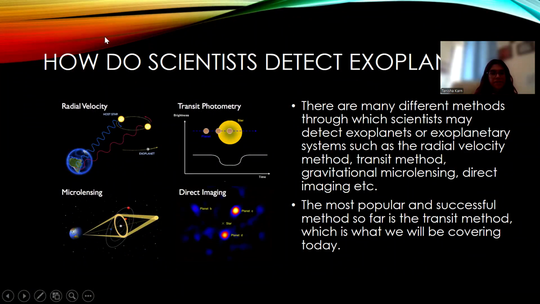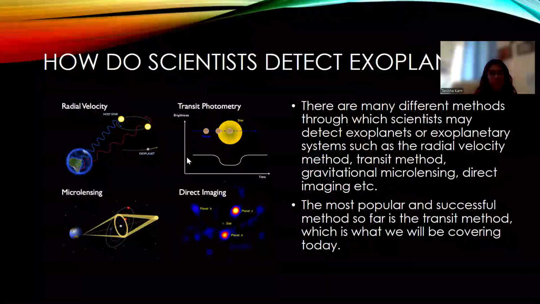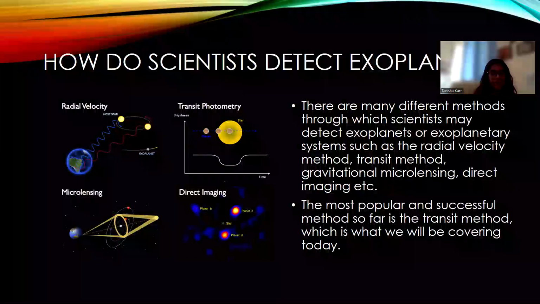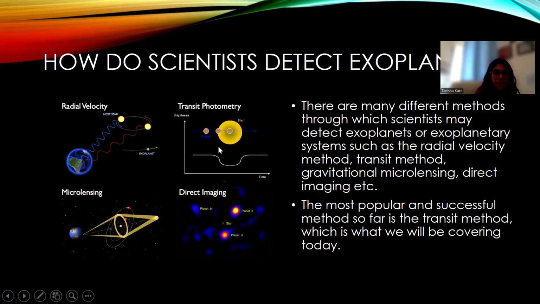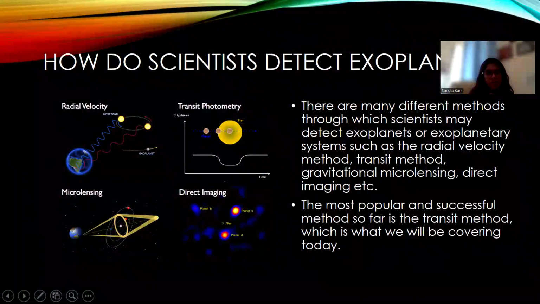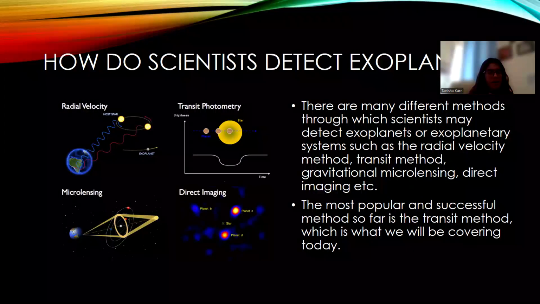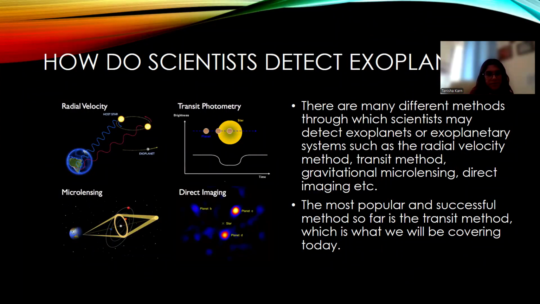Now, out of these four commonly used ways, the most popular and the most successful ones, and by successful I mean the ones which have detected the most exoplanets, are the transit method and the radial velocity method. The transit method is the most successful out of all of them. So I'll be going over that first.